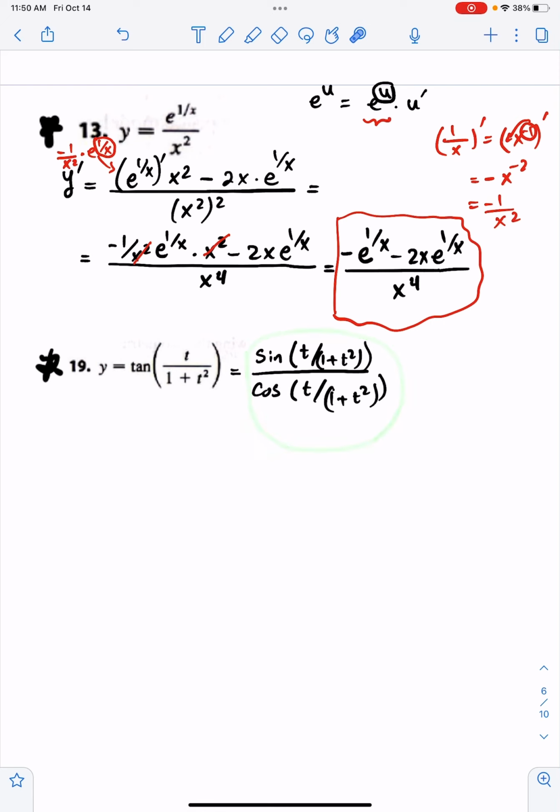So this is a fraction, so you would say derivative of the numerator times the denominator minus derivative of the denominator times numerator. So let's do that. So derivative of the numerator, I'm going to first write it and then do it.